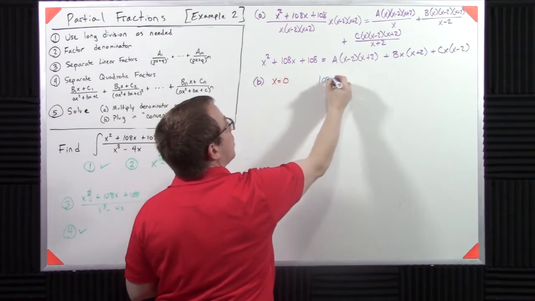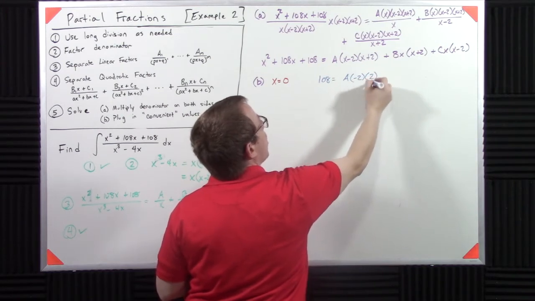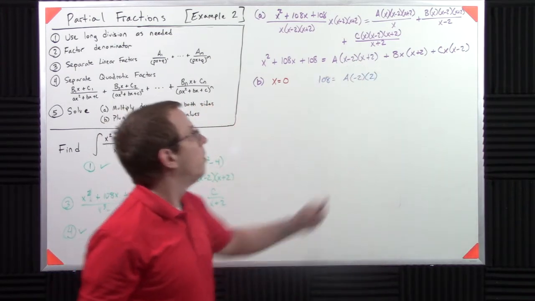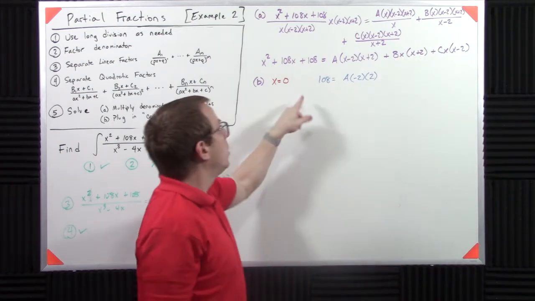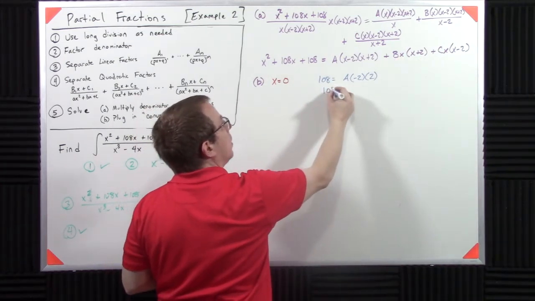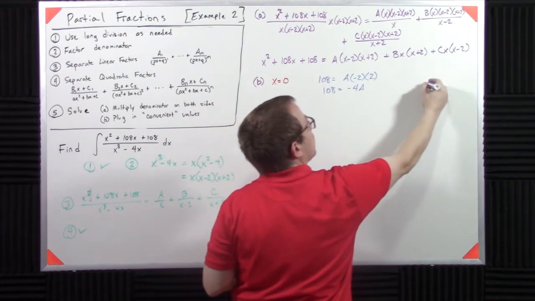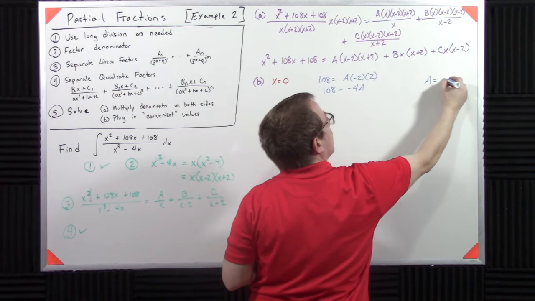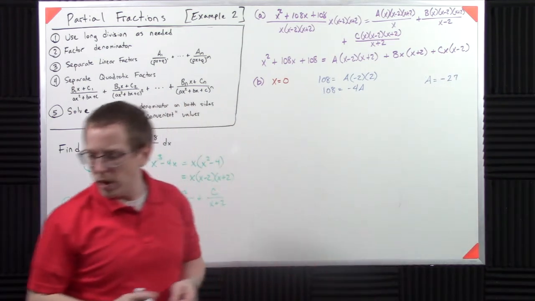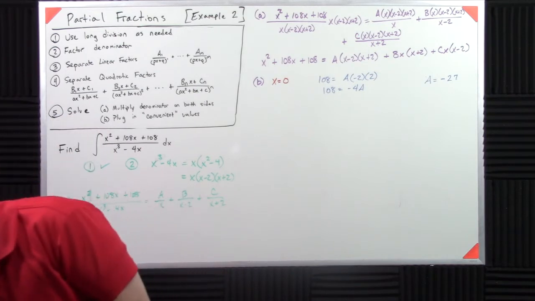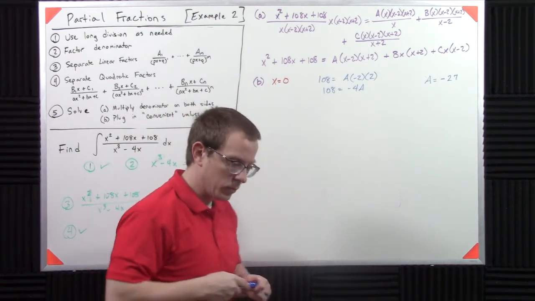So 108 equals A times negative 2 times positive 2, which gives 108 equals negative 4A. That tells me A is negative 27.